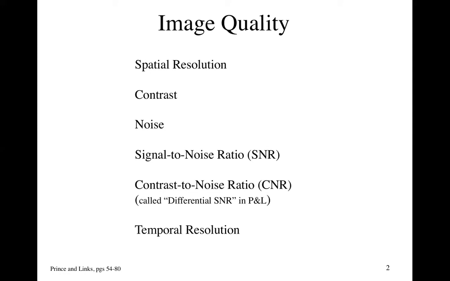And then we'll briefly talk about temporal resolution. Basically, how fast can you take a picture, and can you freeze motion, for example? Is patient breathing or patient cardiac motion a problem for the imaging modality, in the sense that it would blur the signal over different spatial regions because of the motion?